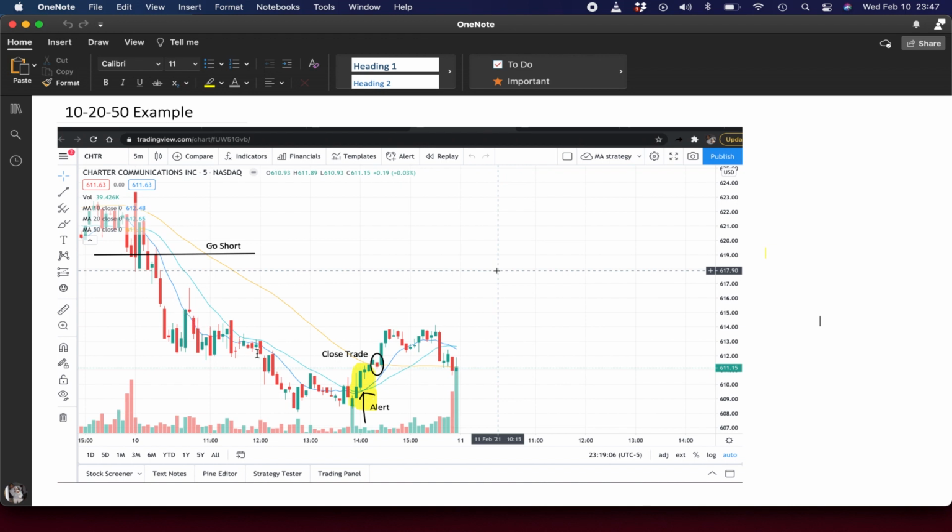It's continuously going down. As long as all the three are going down, you can clearly be on the short side of the trade. Now what's important here is at which point the 10 period moving average is converging on the 20 period moving average. I can see that here.